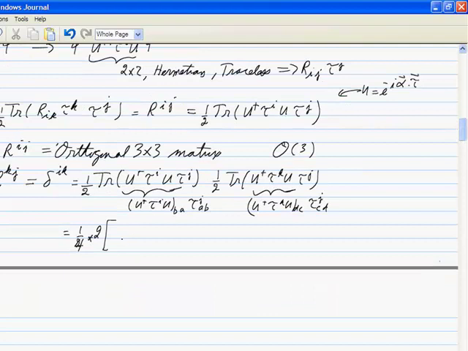So it becomes U dagger tau_I U, U dagger tau_K.